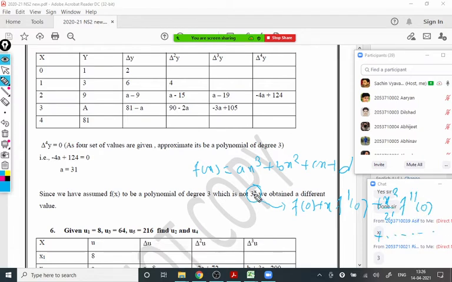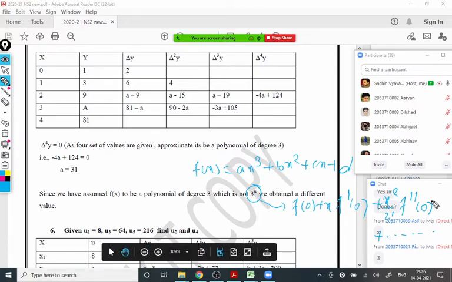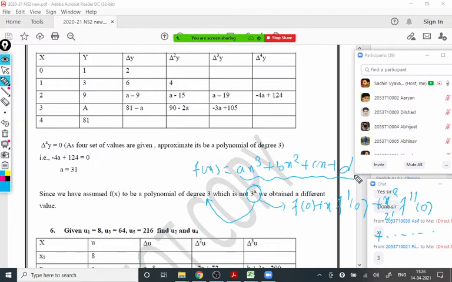So f(0), f'(0), f''(0), f'''(0) all exist. Out of that, we are approximating it by a polynomial of degree 3 only, and because of that this error occurred. The actual value is 27 and we are getting 31. This difference is because of the approximation only.